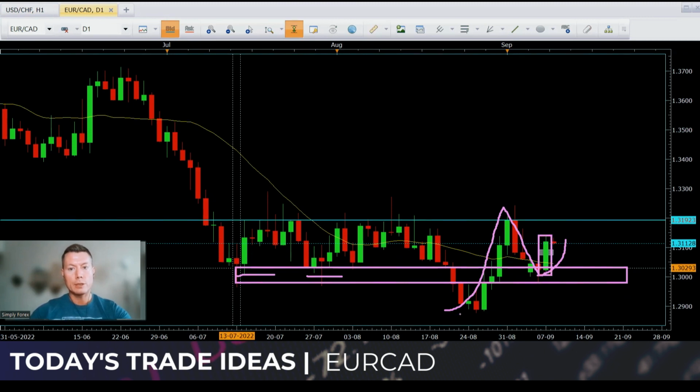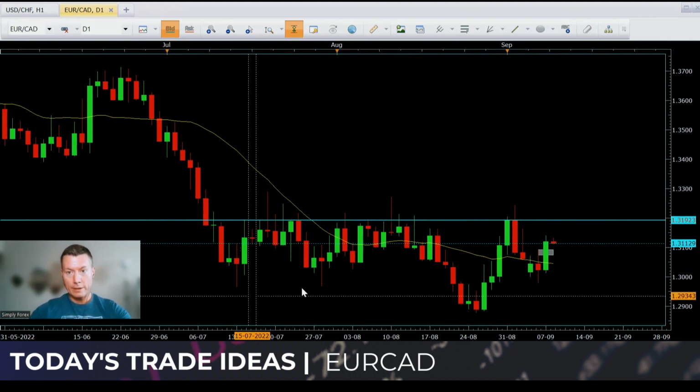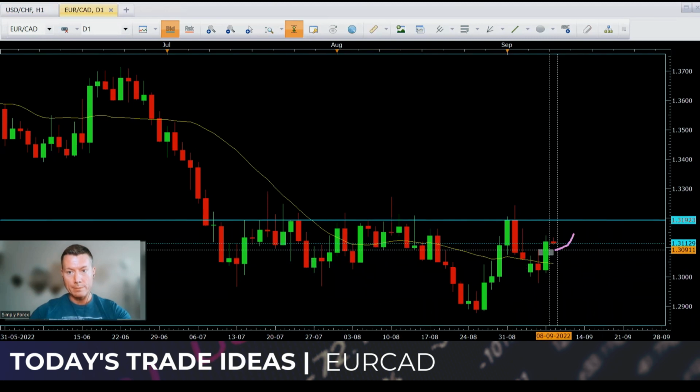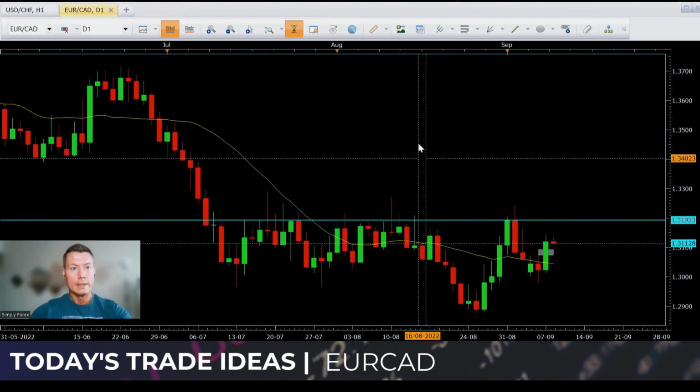So this here could be a new higher low. So the idea for all of those reasons is to buy this market and just take it back up to this last high here. Okay guys, so that's the idea on the euro Canadian dollar.